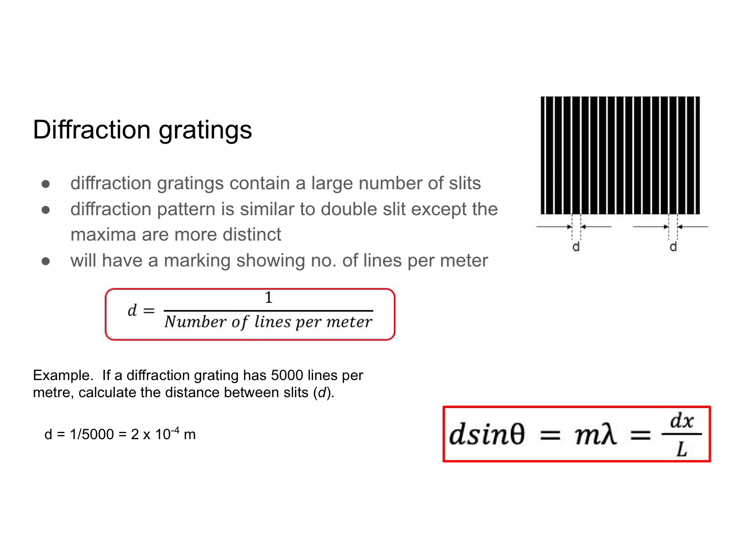So if a diffraction grating, for example, has 5,000 lines per meter, calculate the distance between the slits. d is equal to 1 divided by 5,000, which gets you 2 times 10 to the power minus 4 meters. We still use the same path difference formula from our data sheet, and we can still use our substitution of y over L for our approximation for sine theta.